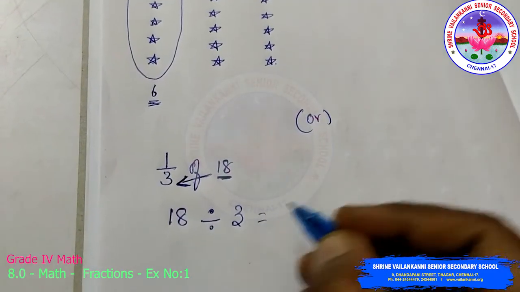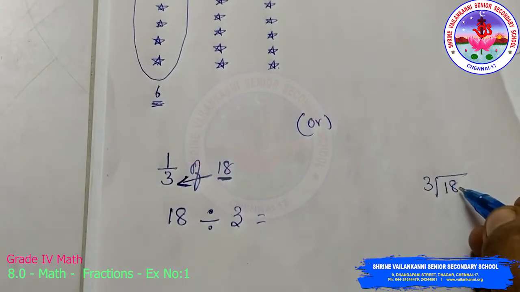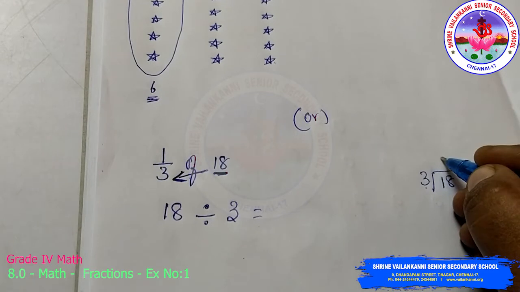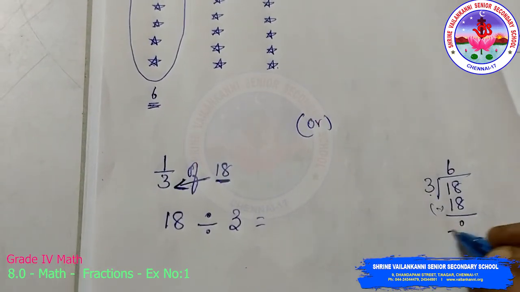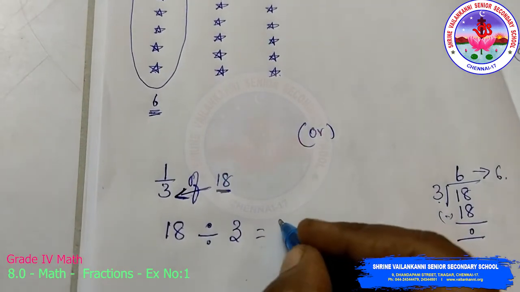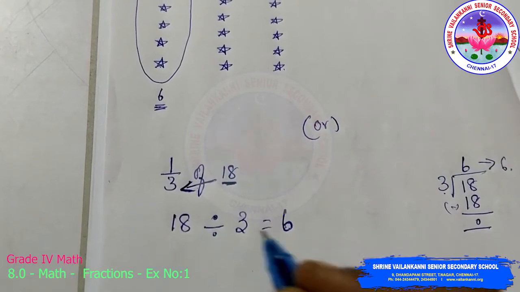How many times does 3 go into 18? 3 sixes are 18. If you subtract, 0. So what is your quotient? 6. So the answer is 6 after dividing 18 by 3.